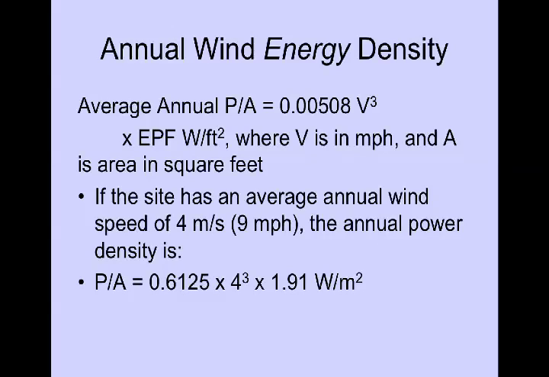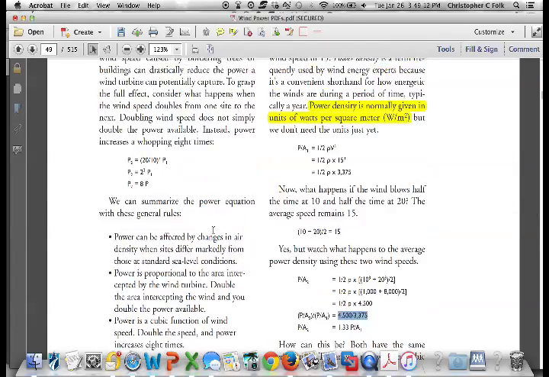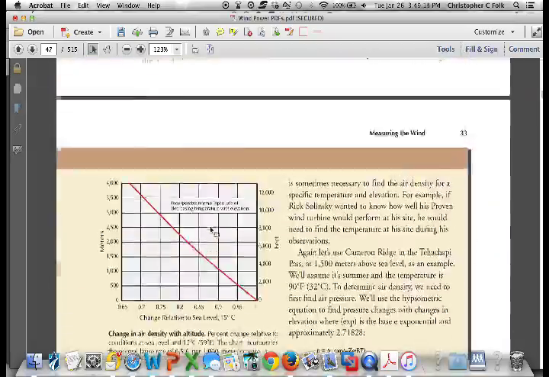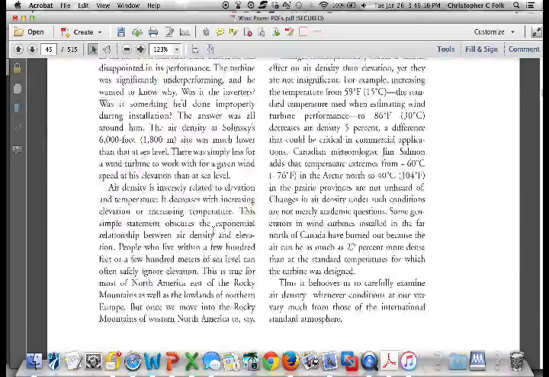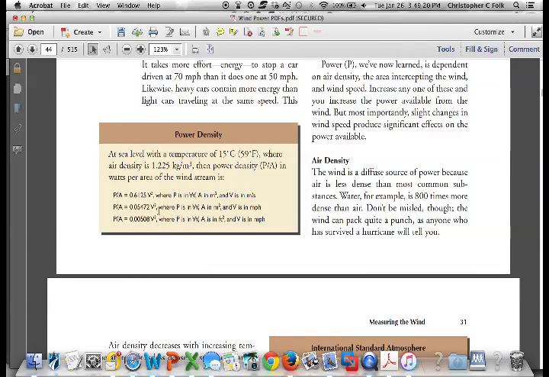All right, so notice in this example, we're measuring the wind speed in meters per second. Remember back on page 30, I told you about that formula? Let's go back up and look at that formula. This guy right here. So if I want to measure the wind speed in miles per hour, I would use the 0.00508.